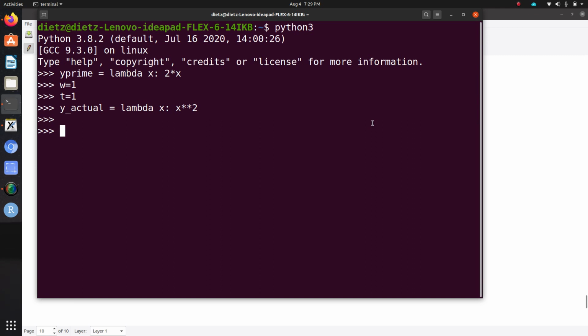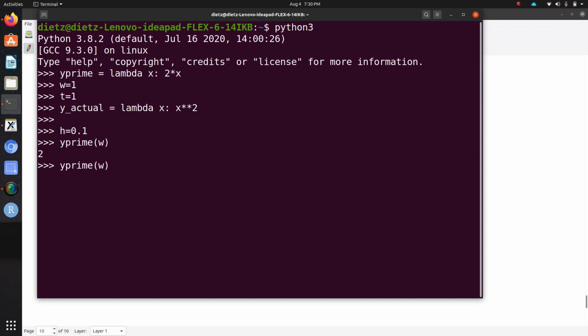We've started out with W being 1 and T being 1, and each time we're going to add H to T. Let's estimate what W will be when T increases by 0.1. First of all, Y prime at our current W is 2, right?